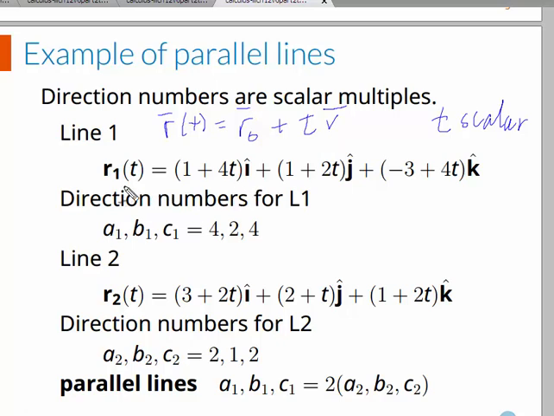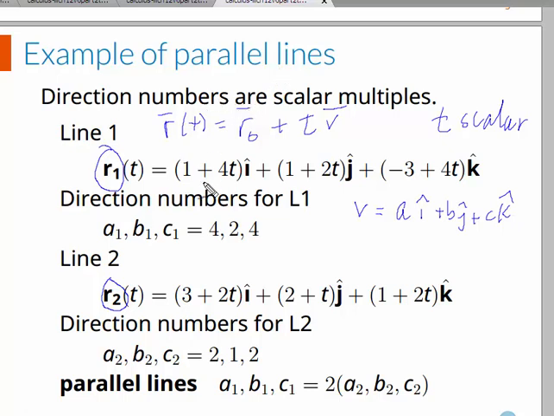We're going to see that the first line includes some vector v, and the second line we're going to look at its vector through the direction numbers. If you remember the lecture on the symmetric equation, the vector v was written in terms of its components: ai, bj, and ck. Of course, we don't have to rederive it.